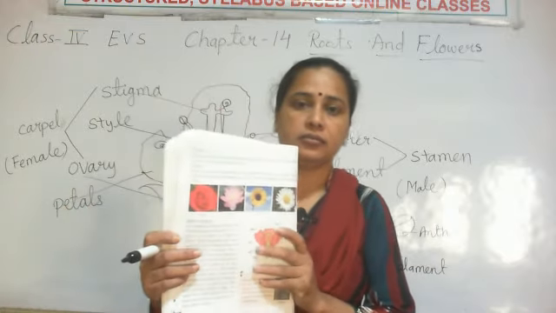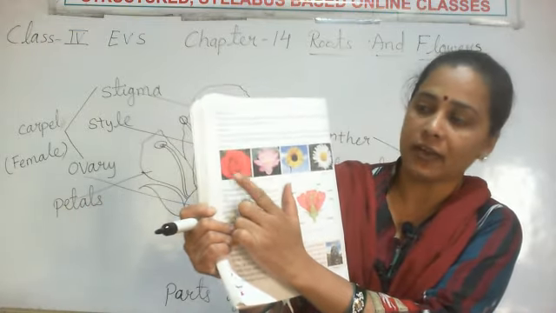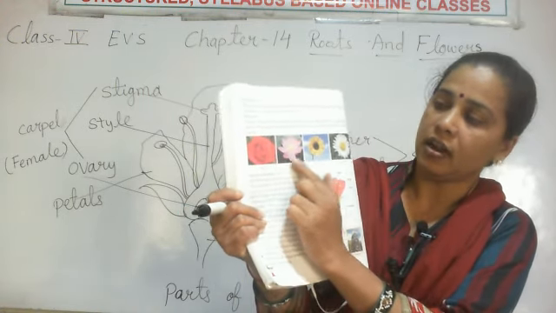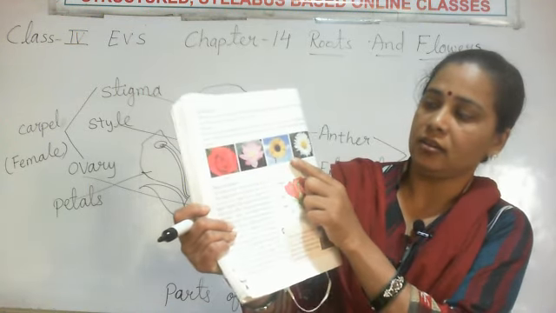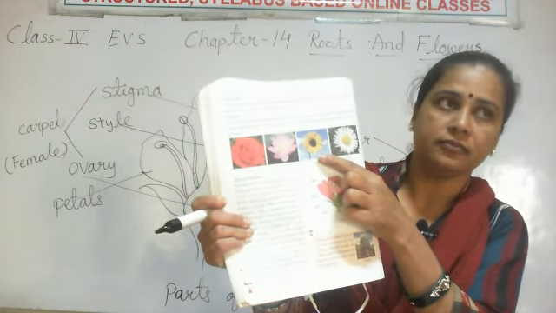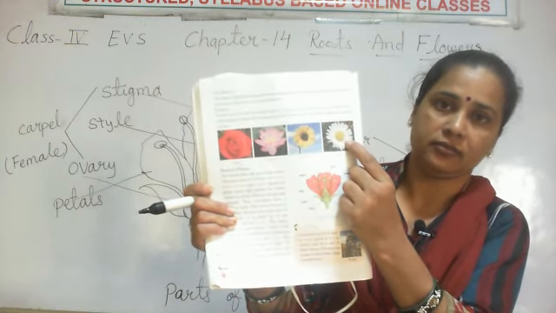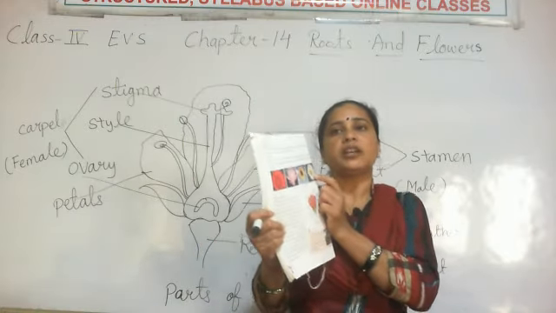See here. What is the color of this flower? Red. Now this flower, pink. Now this flower, yellow. Now this, white. Means we find so many colors in flowers.